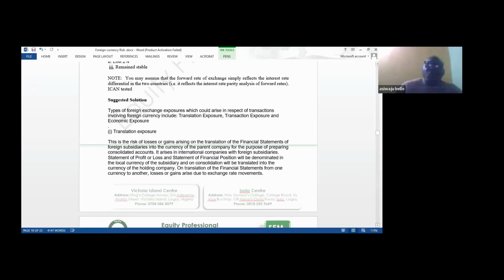In the process of converting the currency of the foreign subsidiary to the currency of the parent company, that can give rise to exchange gain or exchange loss. This is what we call translation exposure.